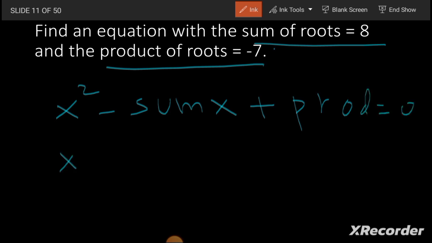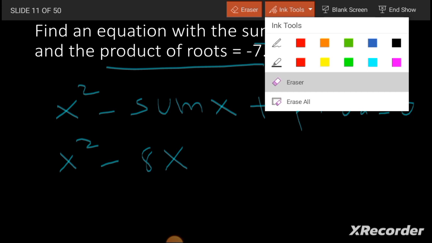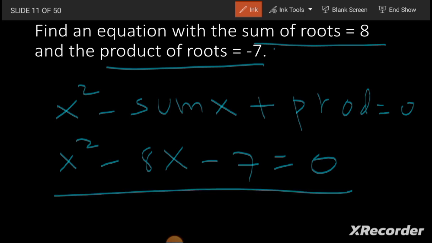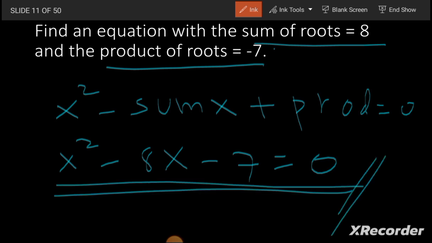So x squared minus the sum of the roots is 8x plus the product of the roots, that's negative 7. So we just have to rewrite negative 7 equals 0. And yon, ito na yung equation natin kapag ang sum of roots ay 8 at negative 7 yung product niya.